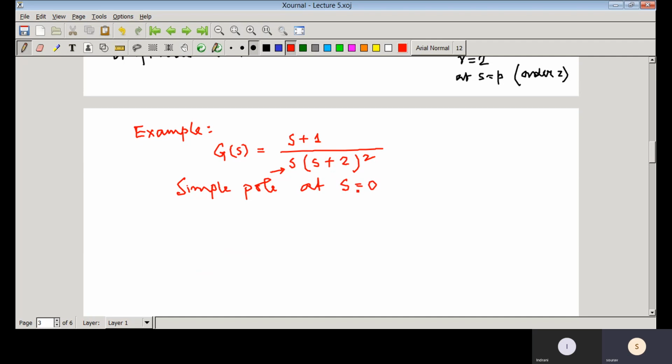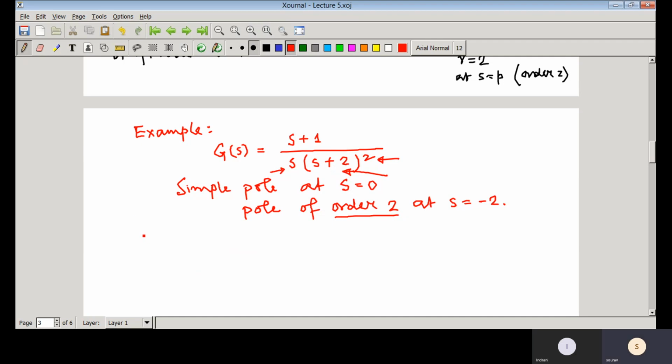So you have a simple pole at s equal to 0 and a pole of order 2 at s equal to -2. If you put s equal to -2, G(s) would be infinite, and as the order is 2, that's why the order 2.